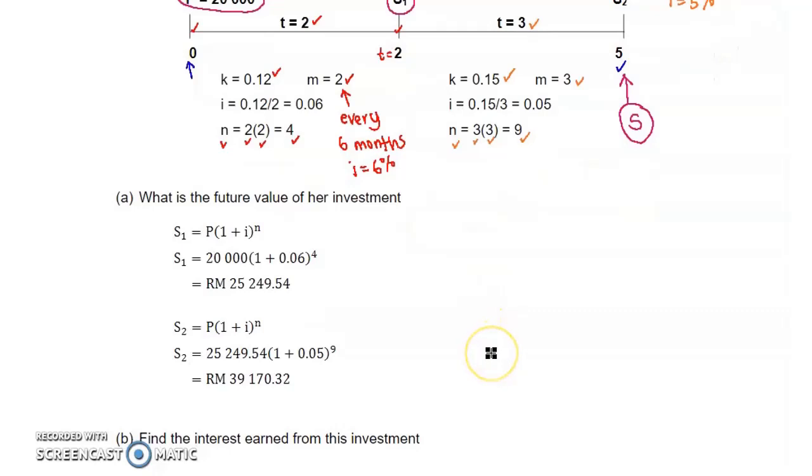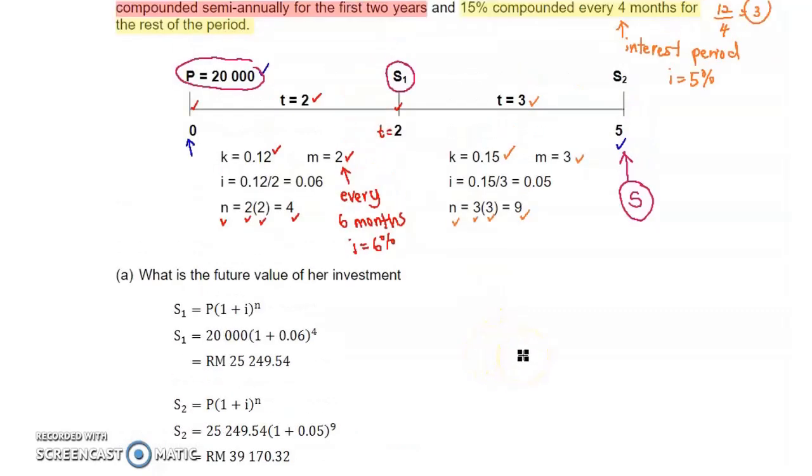Okay, if you look at here, for S1, use the formula S equals P(1 plus i) power of n. So P is 20,000, 1 plus i, where i is 0.06. Now we want to calculate the future value after 2 years. You keep 20,000 in the bank for 2 years, so at the end of 2 years, how much do you get, which is value S1.